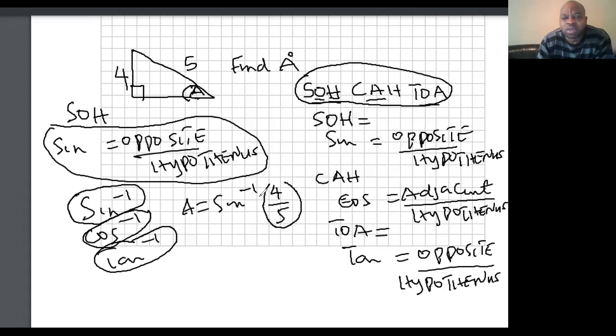You just punch this in your calculator: sine inverse of 4 divided by 5, that is 53 degrees.